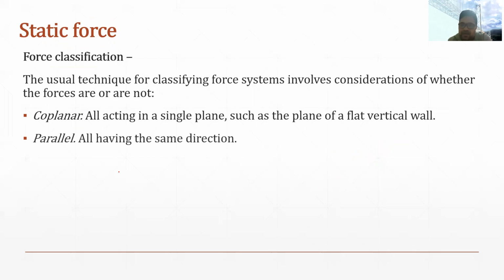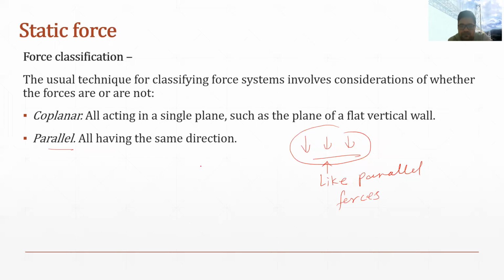Then we have parallel forces. We may have many forces which may be parallel to each other. If all the forces are in the same direction and they are parallel, then we call them like parallel forces.